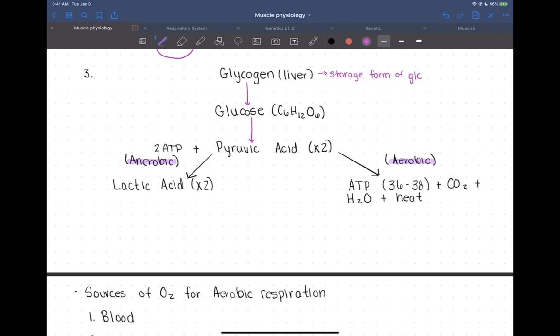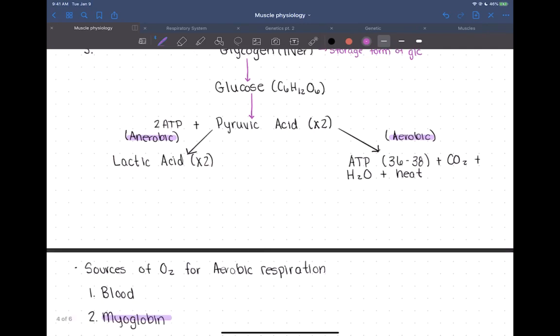This glucose has 6 carbon molecules. Each of these pyruvic acids only has 3. So you're basically breaking the glucose in half. And then what you do with those pyruvic acids depends on if oxygen is present or not.